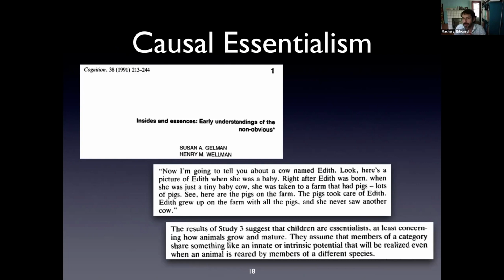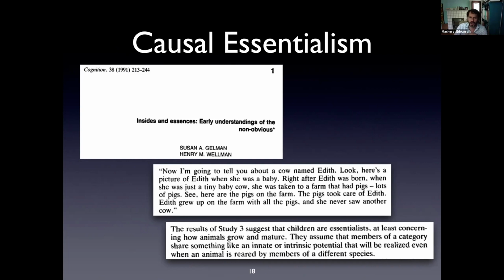By that she means that children believe that behavior and appearance are determined not by the environment, but by the intrinsic potential that's determined by their biological origins. So pigs that are raised by cows will be pig-like, they will do piggy things, and they will be dirty as pigs, and vice versa for cows that are raised as pigs.